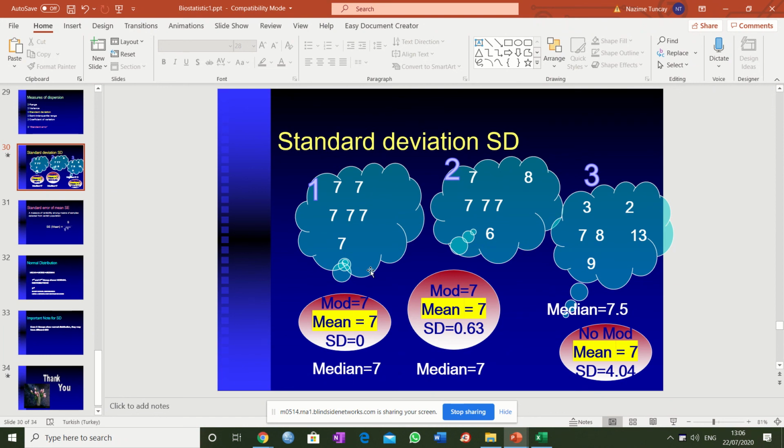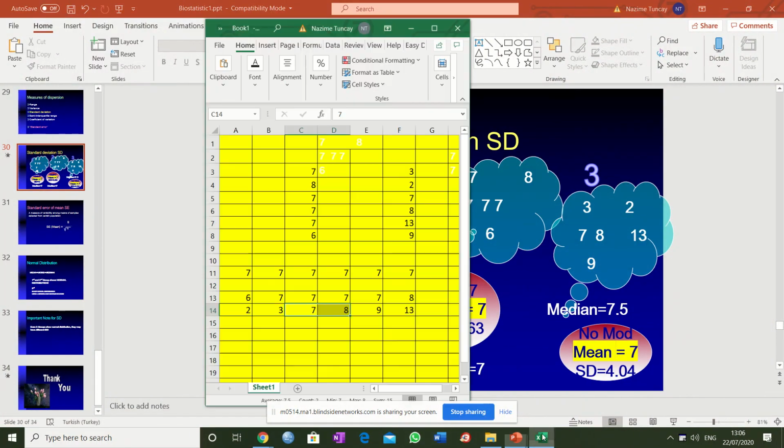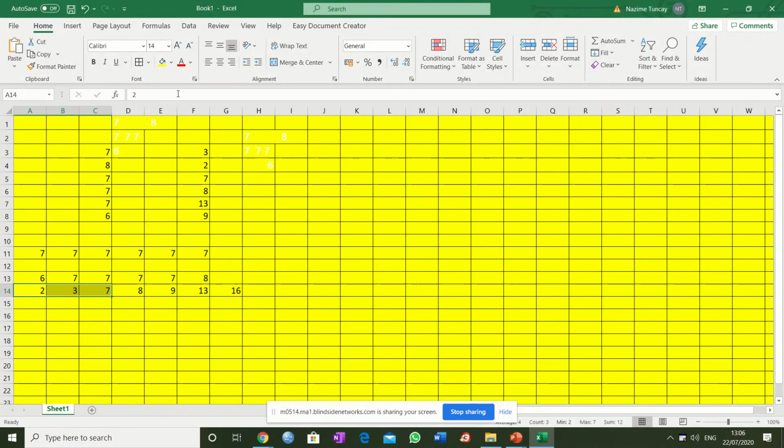If it is an odd number, let us say we have 7 numbers, the median is the number in the middle, so the median is this one, 8.